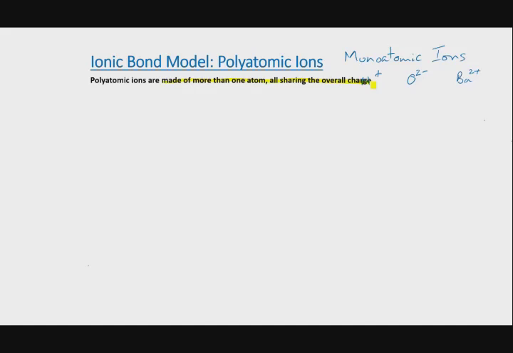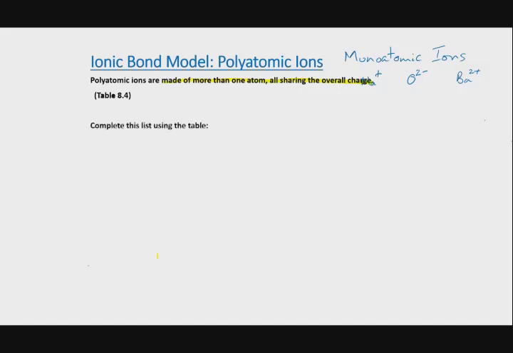The overall charge for that ion is distributed over that entire piece. There are quite a few examples of polyatomic ions. Your book has a table of some common polyatomic ions that you will need to memorize. You will need to know these polyatomic ions.